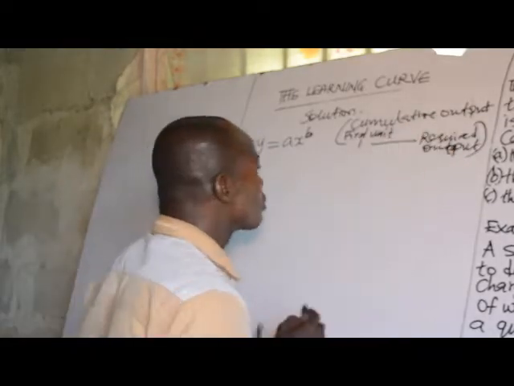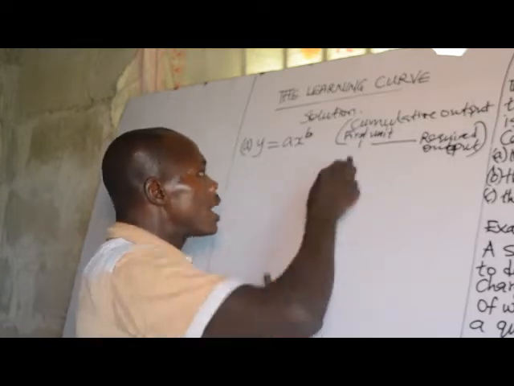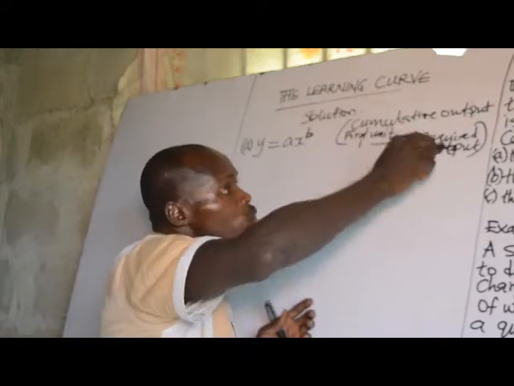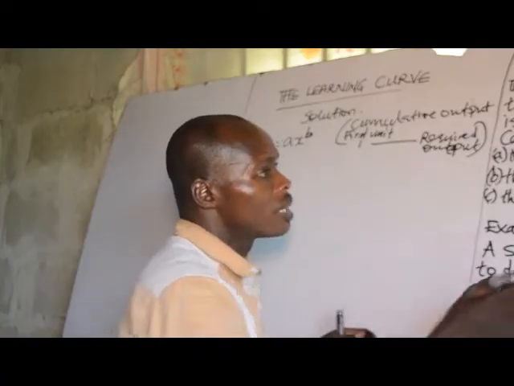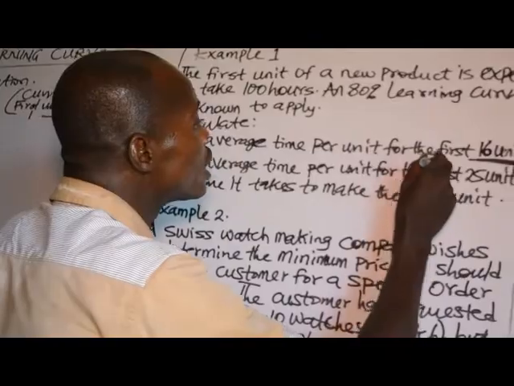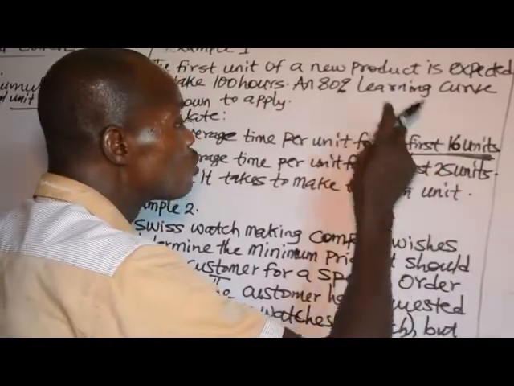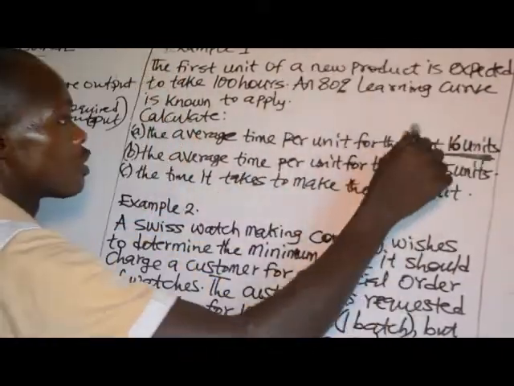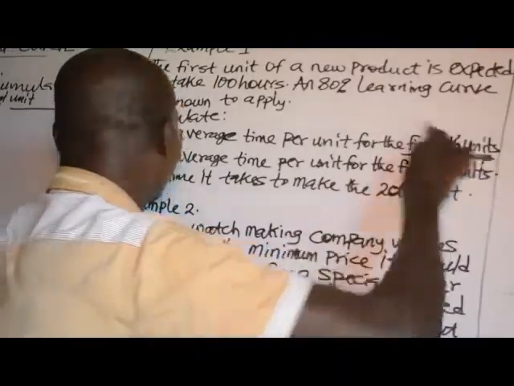In this question, the first 16 means from 1 to 16. That means the defined cumulative output is 16.